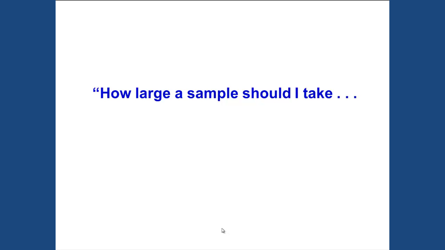When we constructed confidence intervals, we often had samples given to us to create those intervals. In the real-world situations that we will run across, we would be expected to go out and get those samples ourselves. How large a sample should I take would be an important first question to ask yourself.